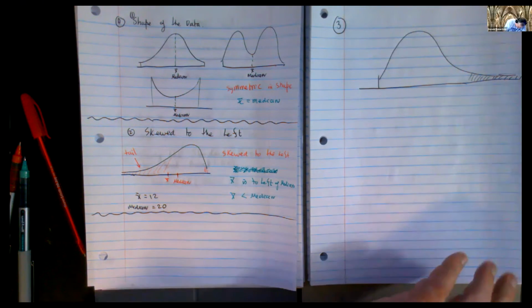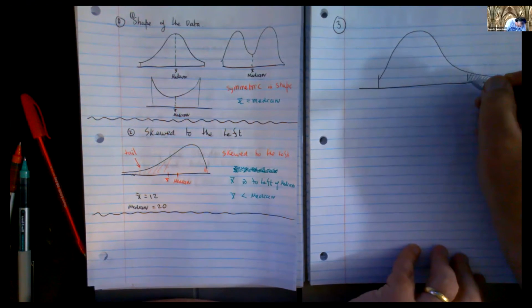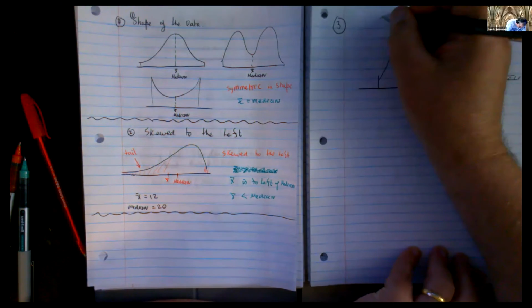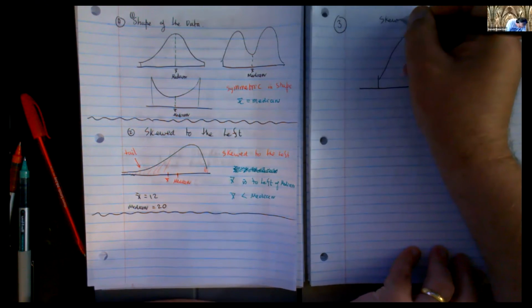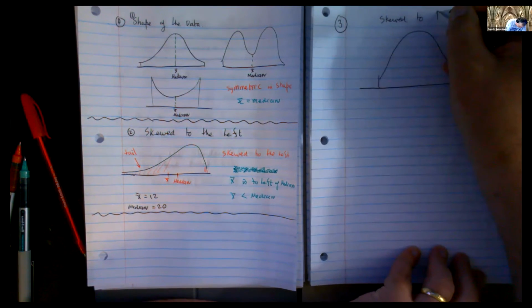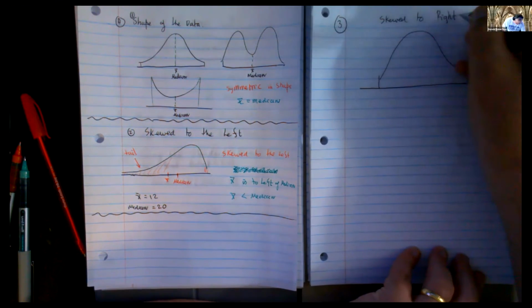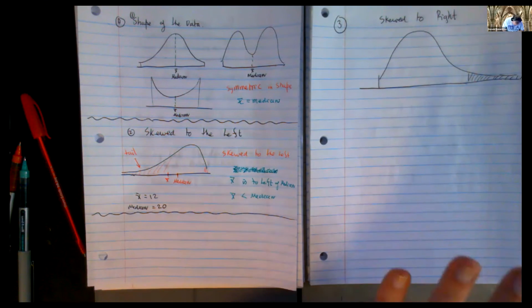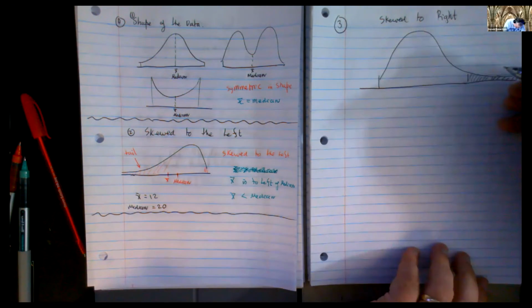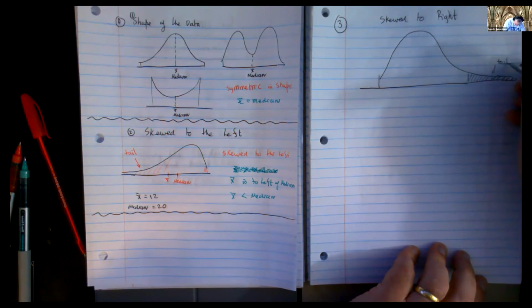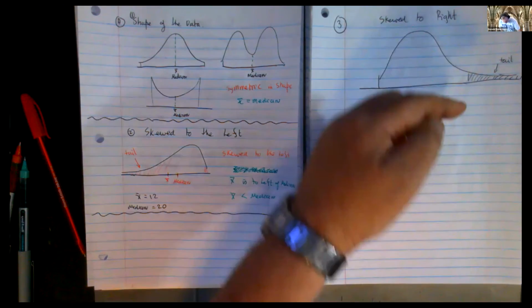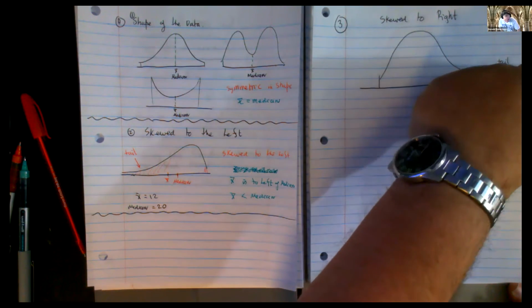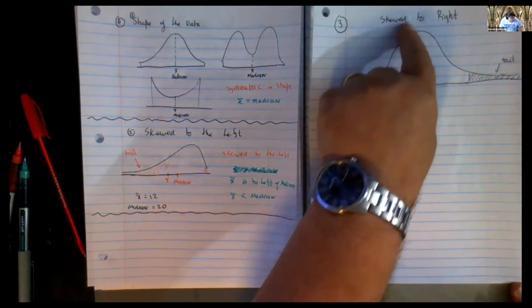So, in this shape, right, this one here, it's called skewed to the right. And when data is skewed to the right, do you notice that the tail is on the right-hand side? So it takes a while to tail off, but it stops abruptly on that side.